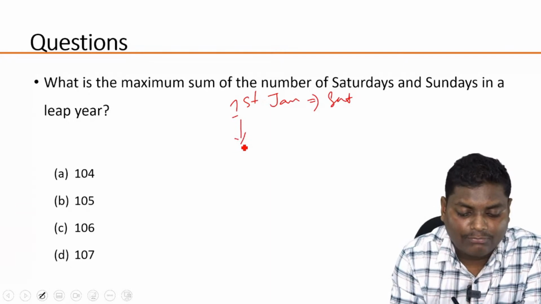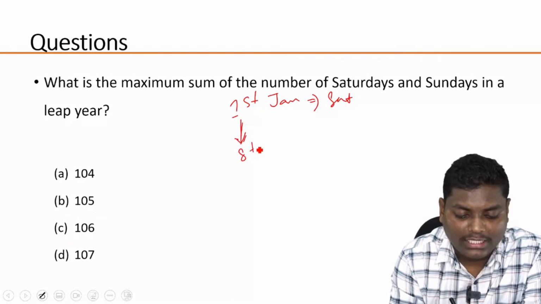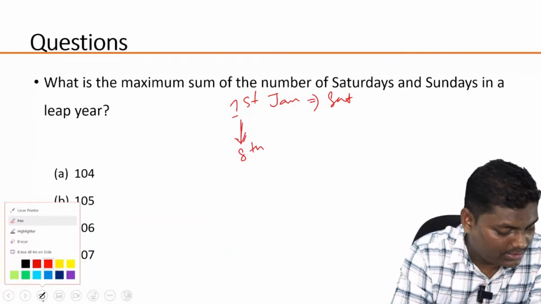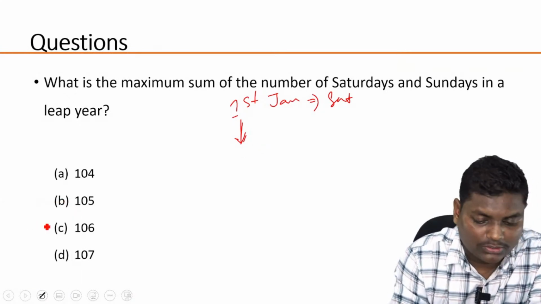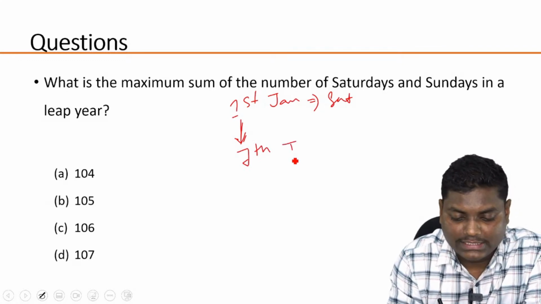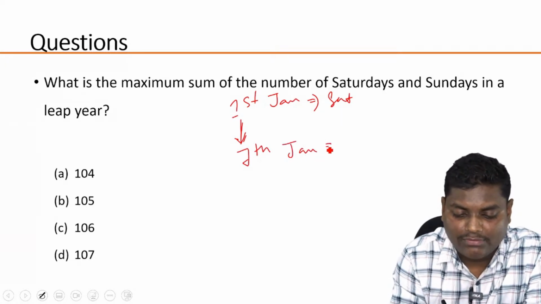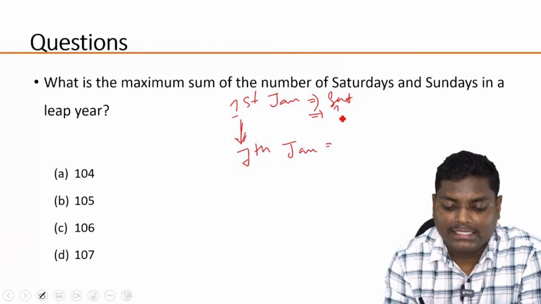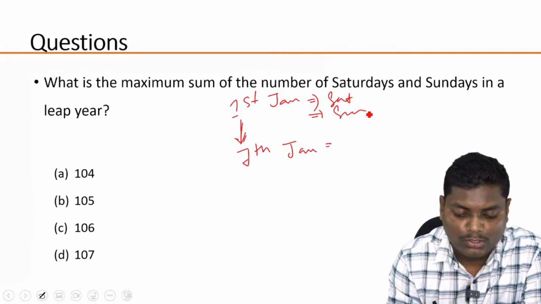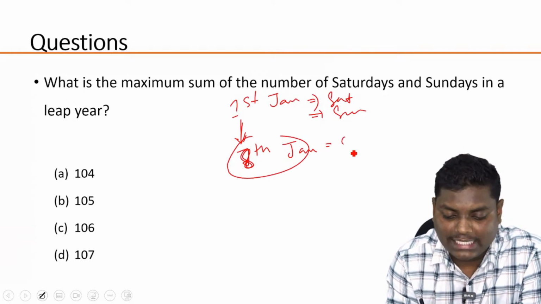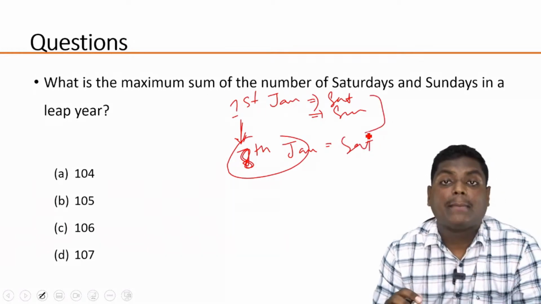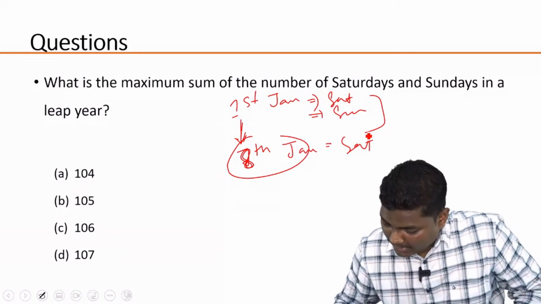If we add the first 7 days, on the 7th Jan, first will be Saturday, then a Sunday. So on the 8th Jan, again we'll have a Saturday. So this first week is completed.